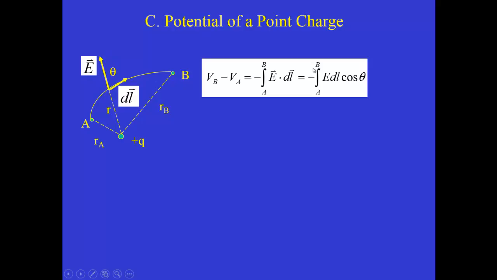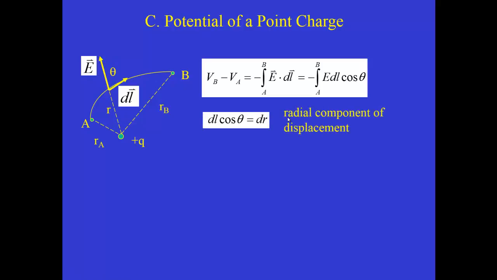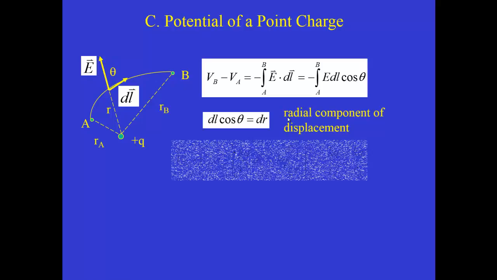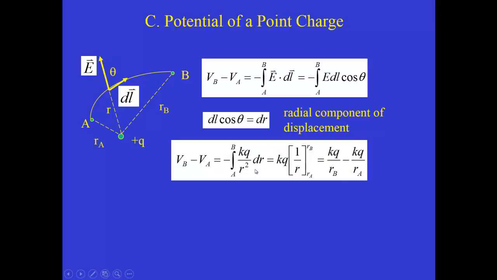So you can think of dl cosine theta as being the projection of the dl length along the direction of E. And we will call that dr because that happens to be the radial direction in this problem. If we replace dl cosine theta with dr, in other words the radial component of this displacement along the path, then it becomes a much simpler integral to evaluate.